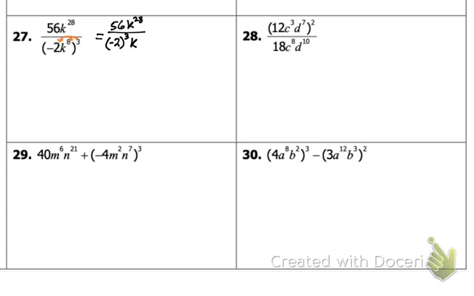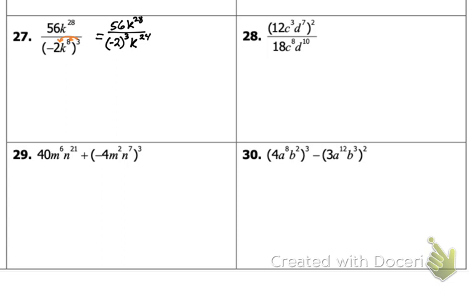24. How did we get 24? We do 8 times 3, which gives me 24. So we have negative 2 cubed, right? So that's negative 2 times negative 2 times negative 2. When we're plugging this in our calculator, make sure you use parentheses. But negative 2 times negative 2 is a positive 4.